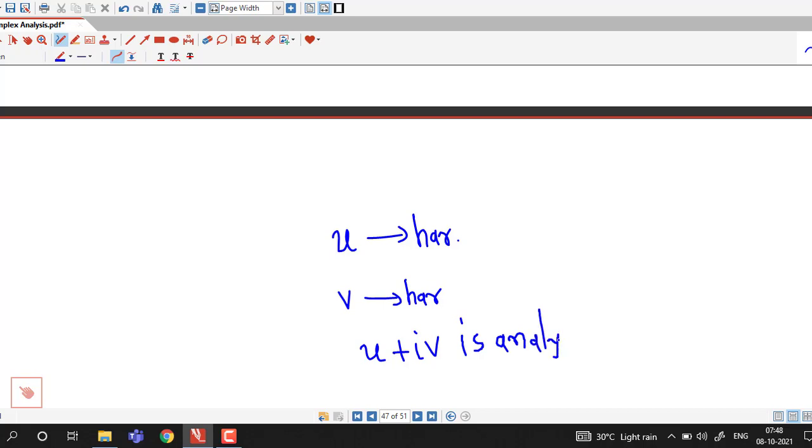So we recall the definition of harmonic conjugate. Suppose we have some harmonic function u, and if there exists some another harmonic function v such that u plus iv is analytic in some domain, then we say that this function v is harmonic conjugate of given function u.